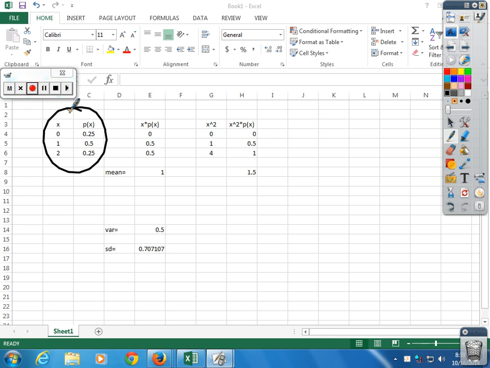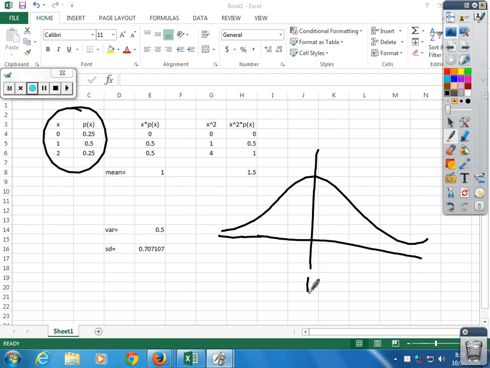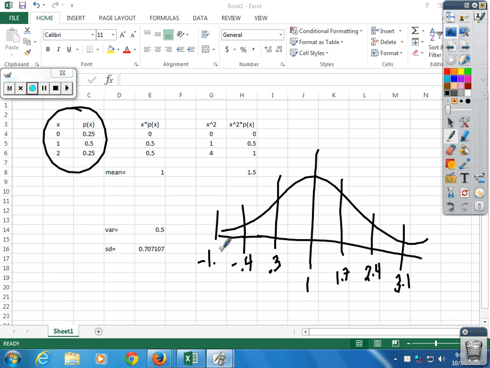From this event, we can extrapolate the mean and standard deviation, so we can set up 1.7. What's 1.7? 2.4 and 3.1. And over here, 1 minus 0.7 is what? 0.3. And 0.3 minus 0.7 is negative 0.4. And then negative 0.4 minus 0.7 is negative 1.1.